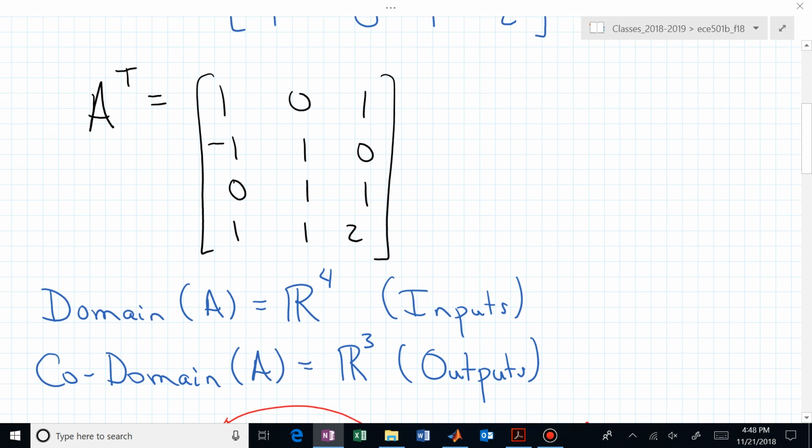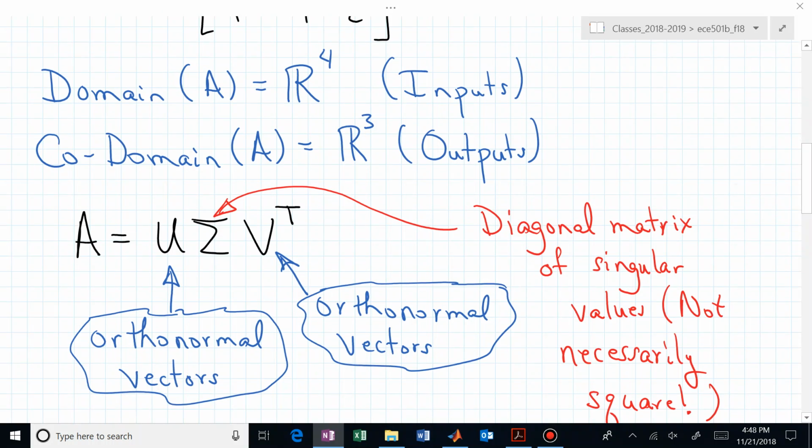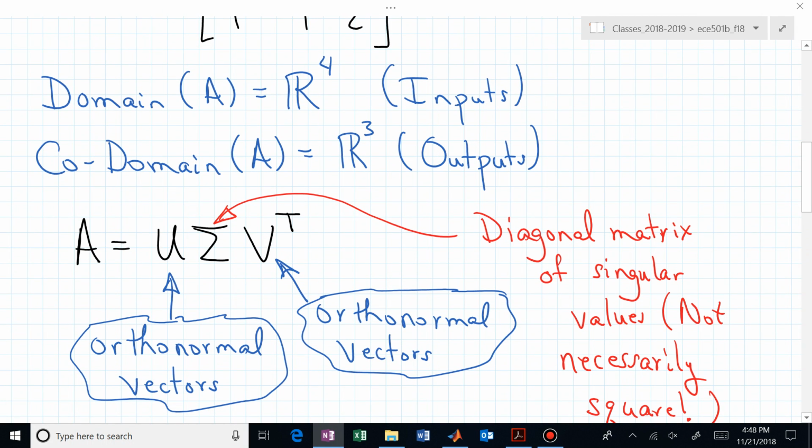To actually do the singular value decomposition, what does the singular value decomposition produce? We're now decomposing this rectangular matrix into a product of 3 other matrices. 2 of those 3 pieces are actually basis vectors.